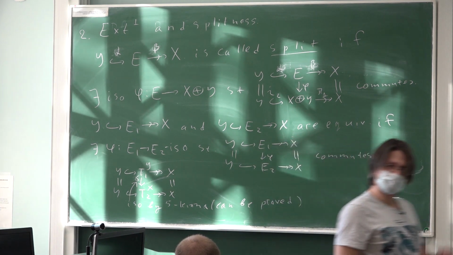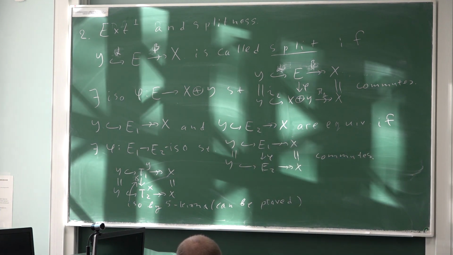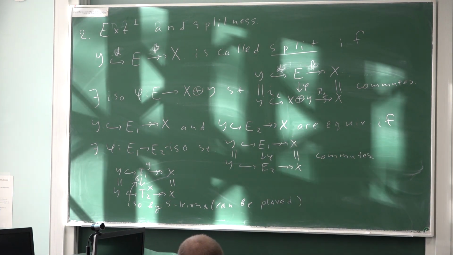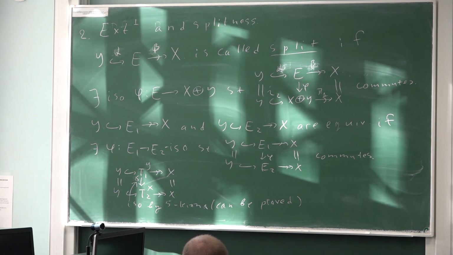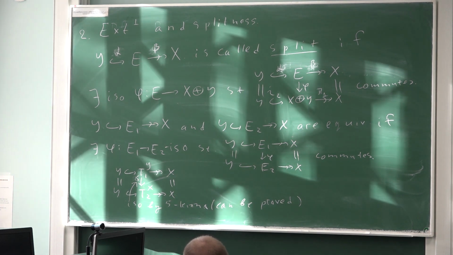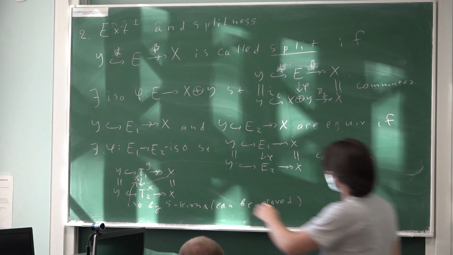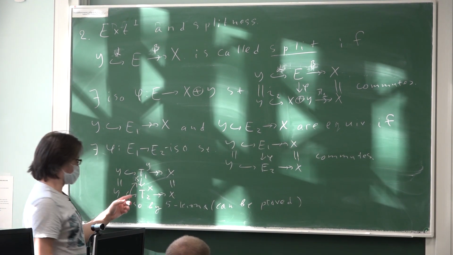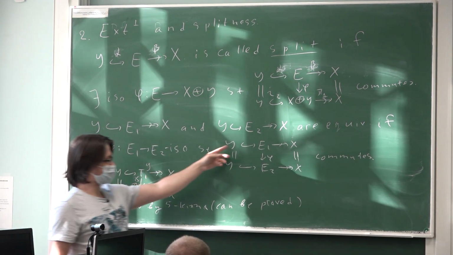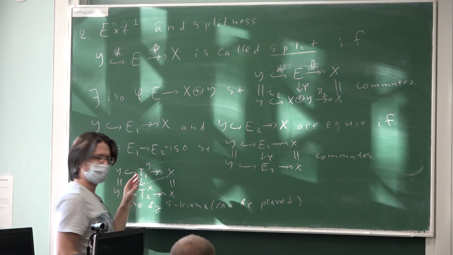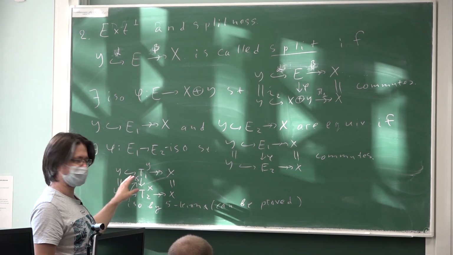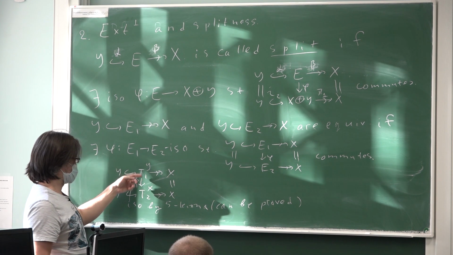Sorry, this notion of equivalence is not the definition, right? The definition of equivalence was that there was a definition of elementary equivalence. This means that you have such a map.